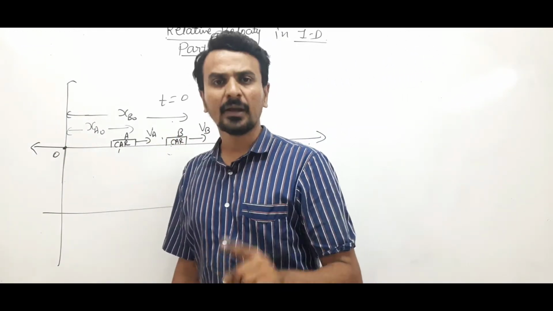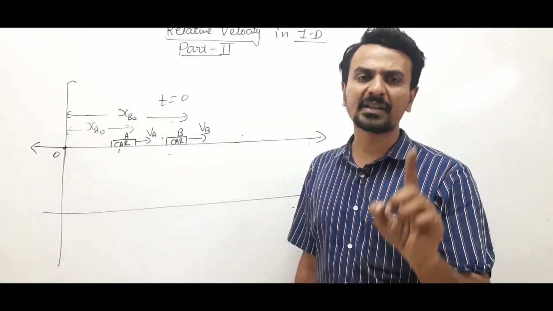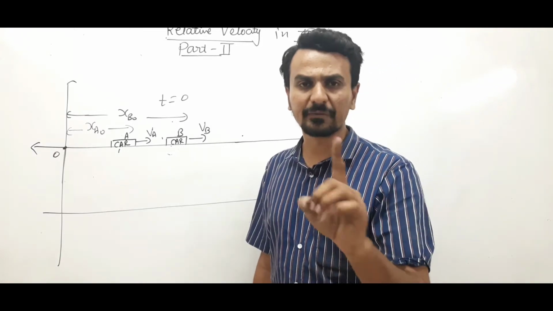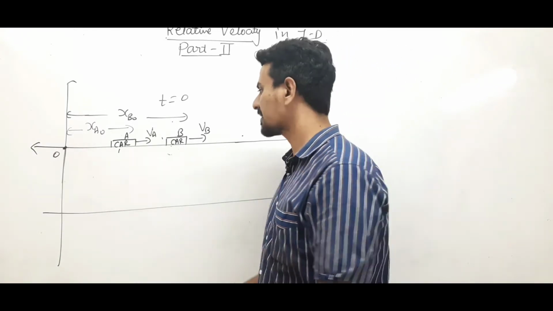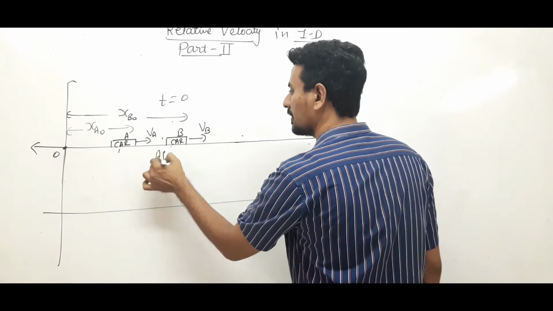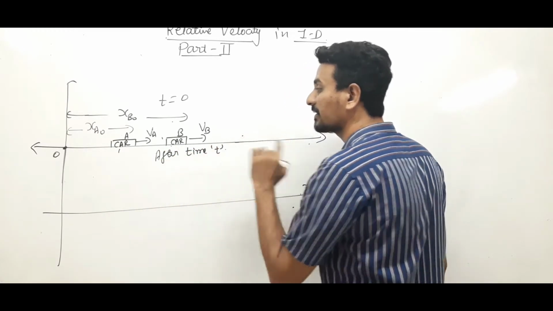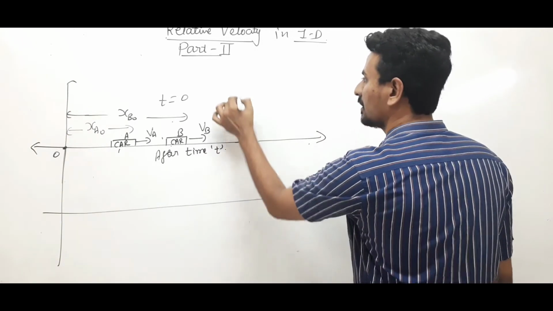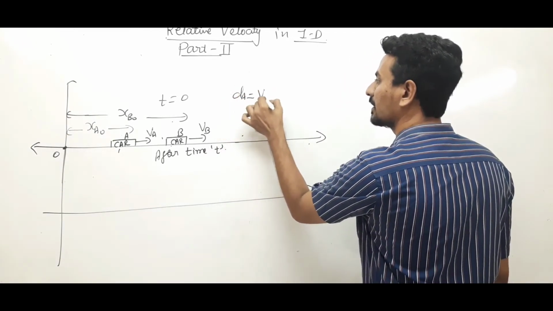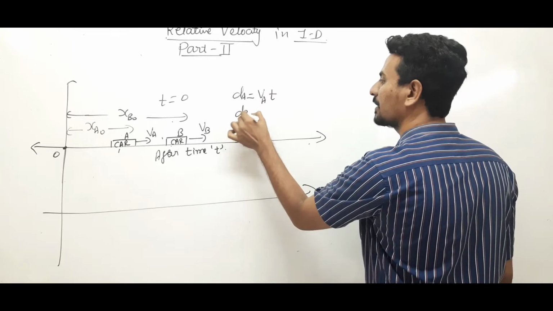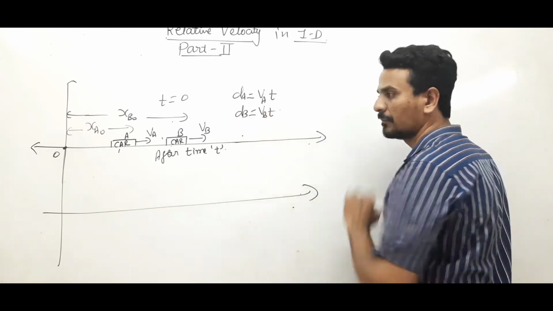Va. Both the cars are moving with uniform velocity, both are moving with constant velocity. After time t, the distance travelled by car A will be Va into t. Similarly, the distance travelled by car B will be Vb into t.